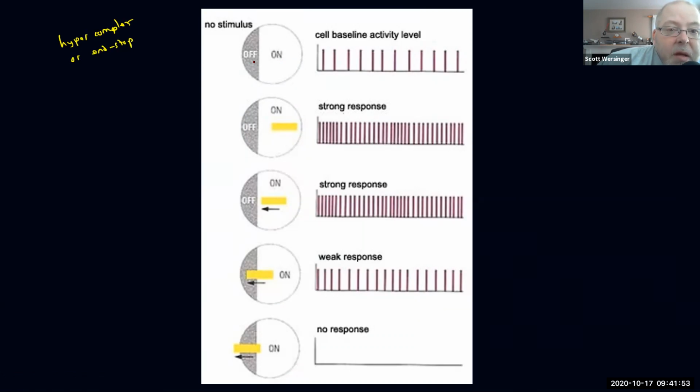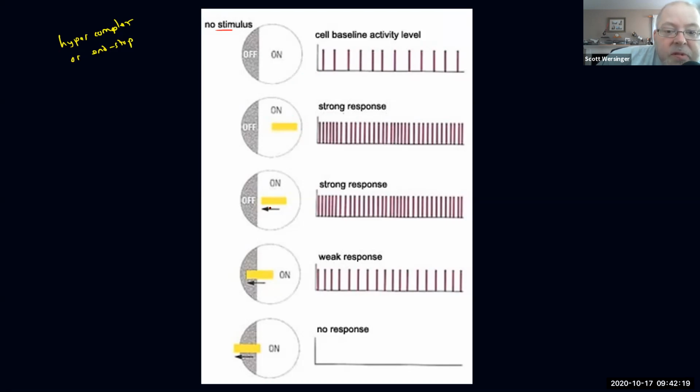Part of it will be off. Okay, so when there's no light, no stimulus present, this cortical cell will just spontaneously fire some action potentials. When we put a bar of light into it, it increases its firing rate. Okay, so if we have a bar of light in the on part, we increase the firing rate.